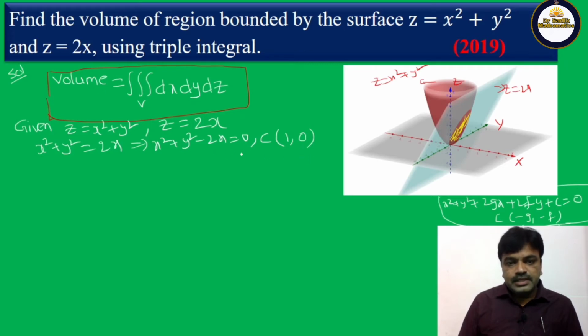And what is the radius? Clearly the radius is the square root of 1 square, which is 1. It is a circle of radius 1. That means the projection is clearly a circle in the xy plane, with center (1, 0) and r equals 1.